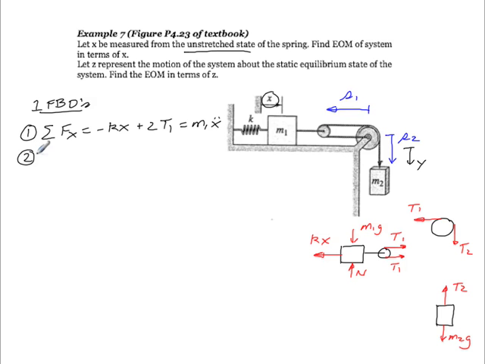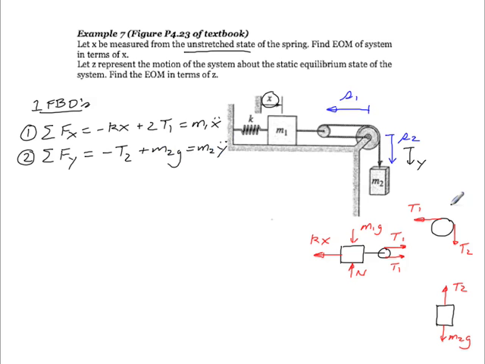Free body diagram for 2. Recall that I defined this variable of Y. It's measured positively downward, so that defines the sign convention for the forces. So T2 there is up, which is a minus, plus M2G, and that's equal to M2 Y double dot, like that.